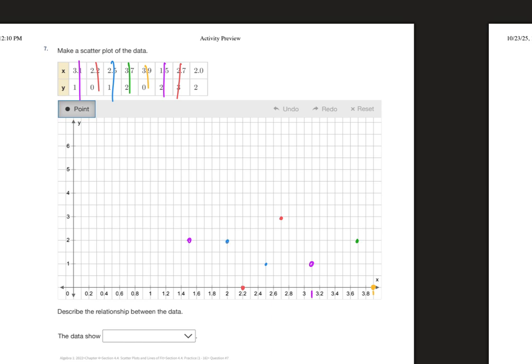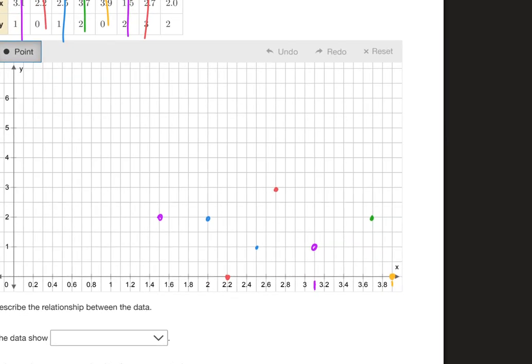Now describe the relationship between the data. This one, I don't know. If I try and draw a line like that, this guy's pretty far out. These guys are pretty far out. And if you do it like that, again, that's pretty far out.